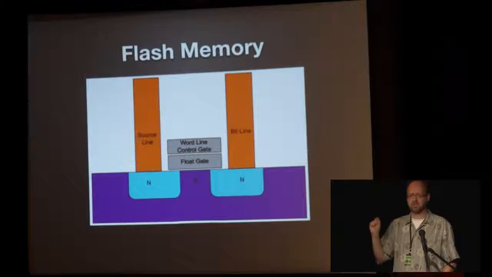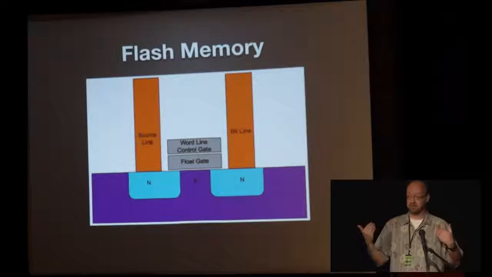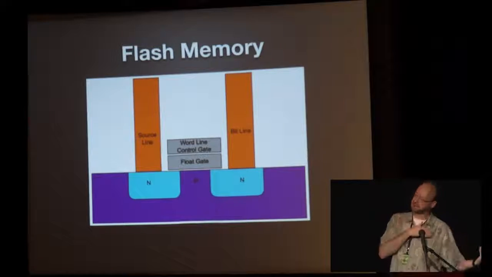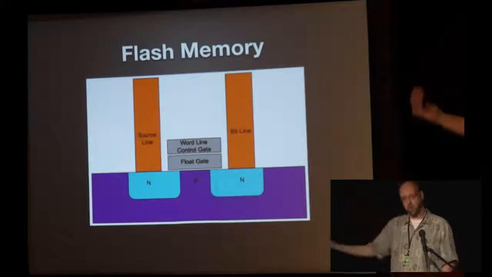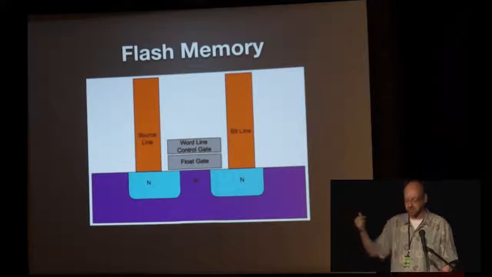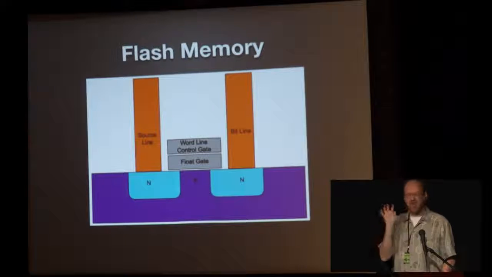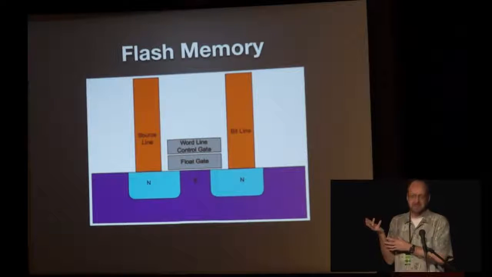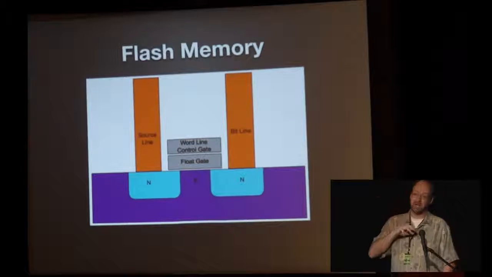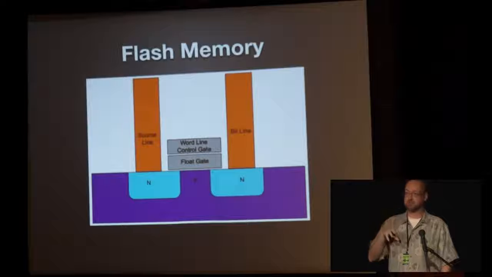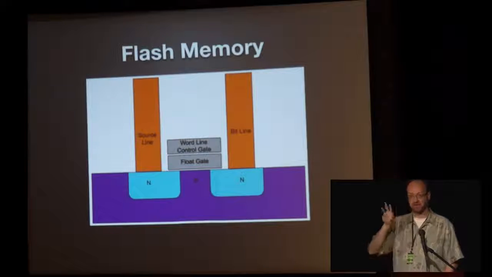We have 2 forms of flash, and hopefully I will have enough time to talk about both of them, but I'll make sure I talk about NAND flash, because that's what's in an SSD. There's also NOR flash, which is something much more interesting, but save that for later. They have physical differences, but the main difference between NAND and NOR flash is the fact that NAND flash doesn't have as much memory logic associated with it for addressing.